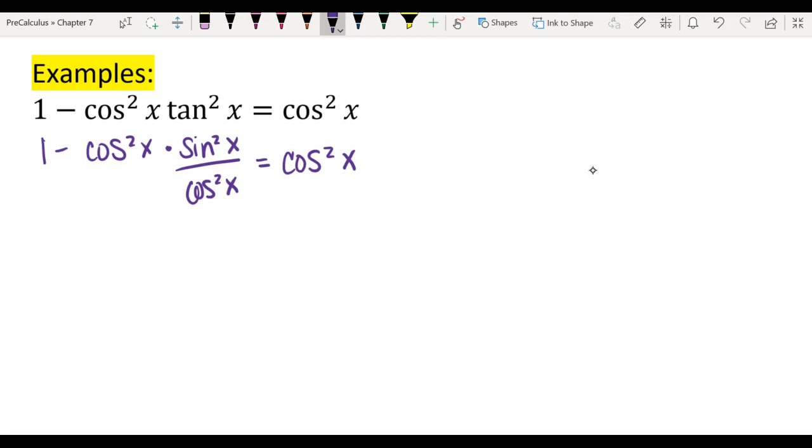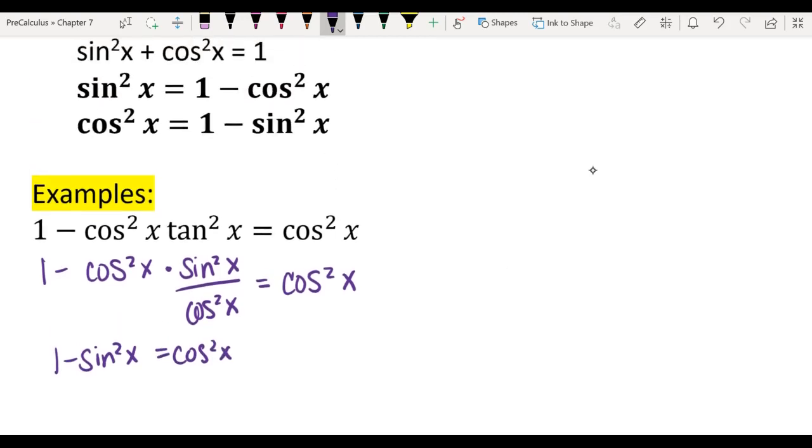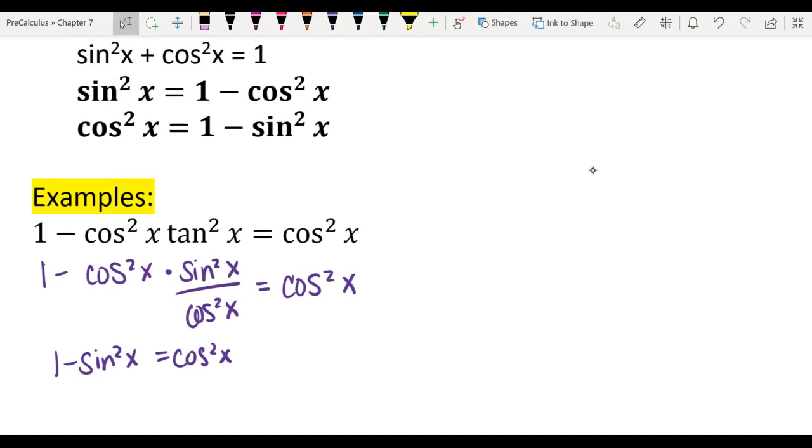Before you look into common denominators, you should always see if something cancels. Okay, so do you guys see how the cosine squares cancel each other out? And so you are left with 1 minus sine squared of x equals cosine squared of x. Well, isn't that one of the things we had above? That 1 minus sine squared of x is equal to cosine squared of x.